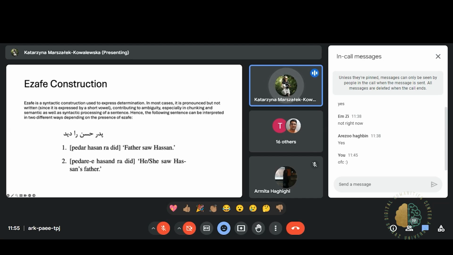We have this example here, which can be interpreted in 2 completely different ways, either as Pedar Hasan Rodit or Pedar Hasan Rodit. This changes the semantic and syntactic meaning of the sentence.